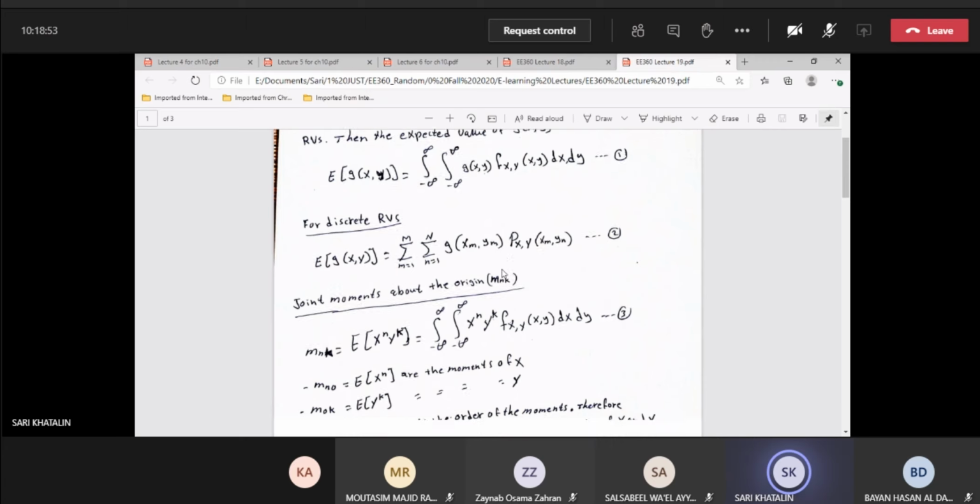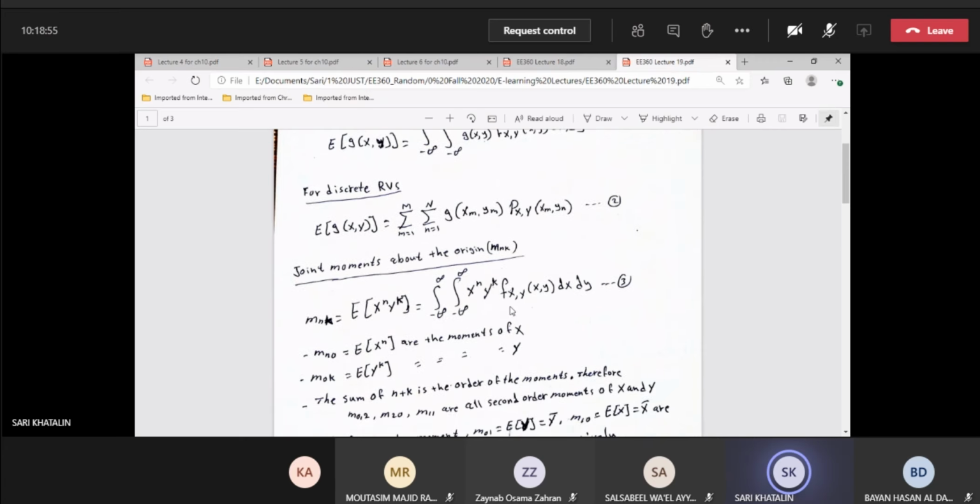Okay. Now, as far as moments, if you recall, we talked about moments there. It's the same thing as in chapter 3 when we had a single random variable. Obviously, Y was not there, and we had a single PDF, the PDF for X, for example. In here, we added Y, which is the second random variable.